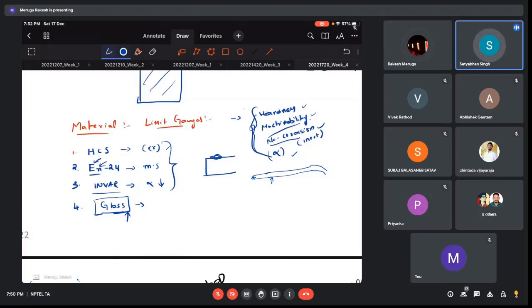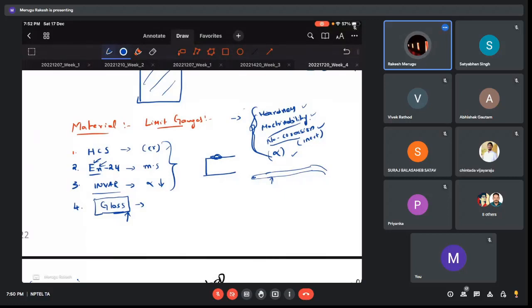Sir, I want to ask a thing. Are glass limit gauges used or not? Yeah, they are used. Sir, the issue that you told, that there will be some mark left, how is it resolved? No, no. That's the thing. If you drop the glass, it will break instantly because it has very little toughness.